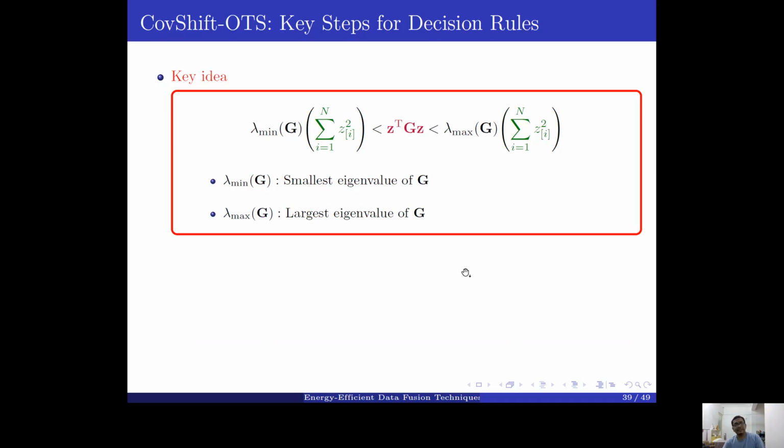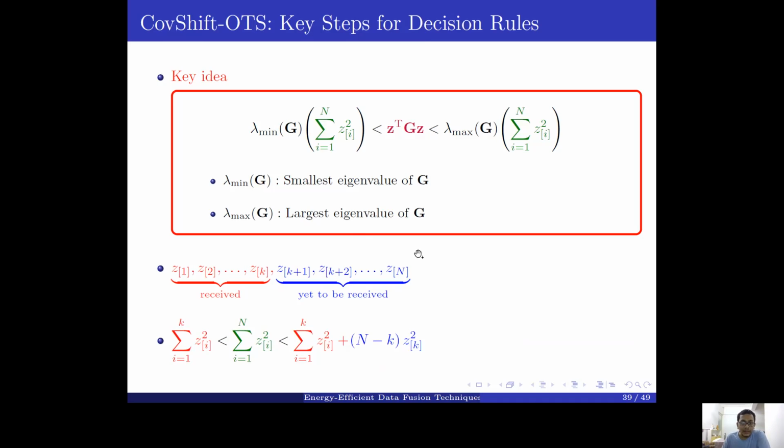In CovShift-OTS, the key idea which we utilize is the very famous eigenvalue bounds. Since the decision statistic Z transpose G Z can be upper and lower bounded using the maximum and minimum eigenvalues of G, we use this upper and lower bound, and we can bound the decision statistic in terms of what you have received and what you are yet to receive.